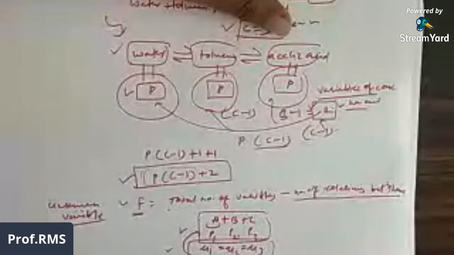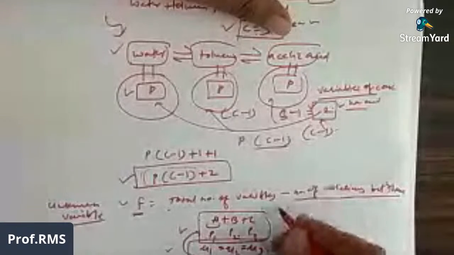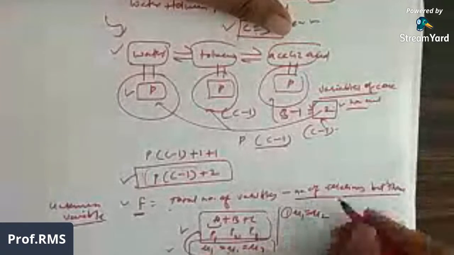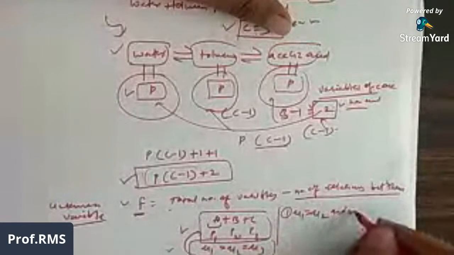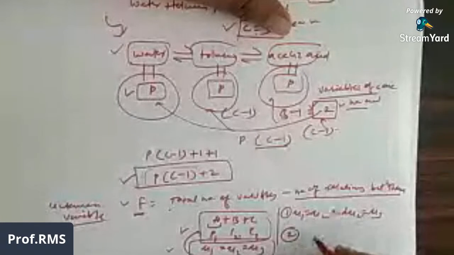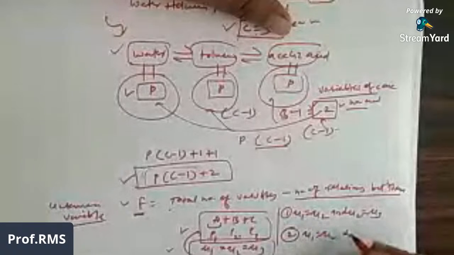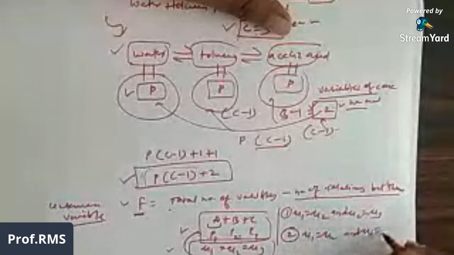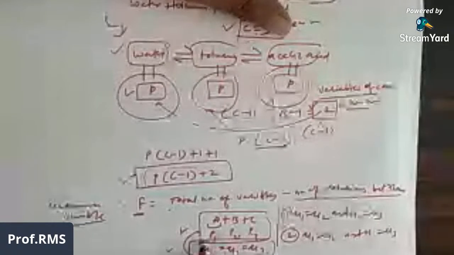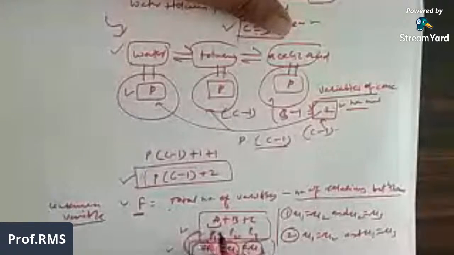Which are these two equations? The first equation is mu1 is equal to mu2 and mu2 is equal to mu3, and the second equation is mu1 is equal to mu2 and mu1 is equal to mu3. We know that chemical potential for each phase should be equal.